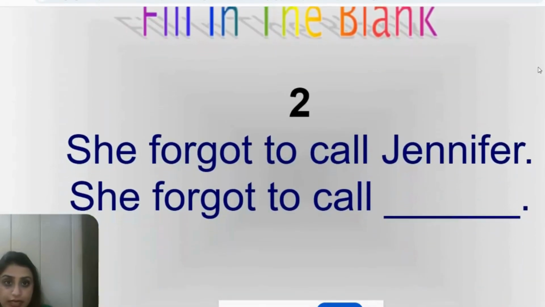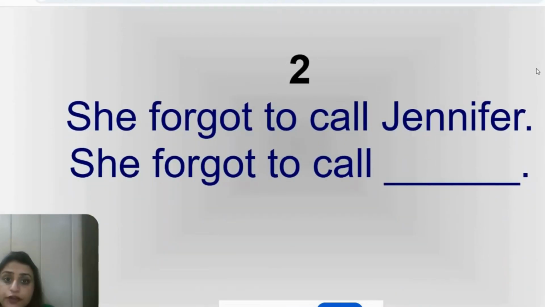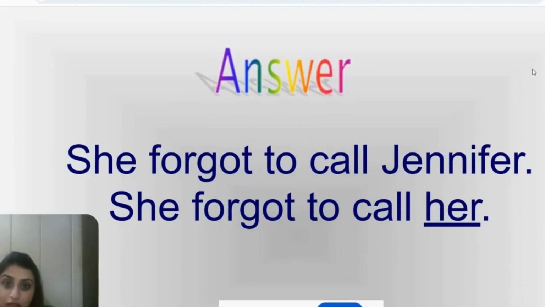Let's try this question now. She forgot to call Jennifer. She forgot to call dash. Let's try to solve this. She forgot to call Jennifer. She forgot to call her.